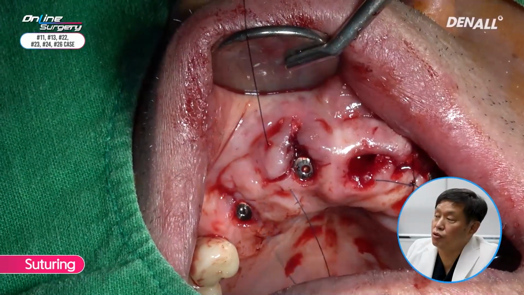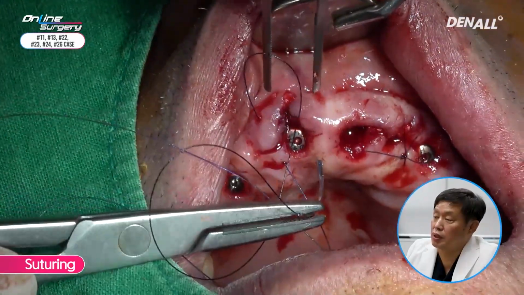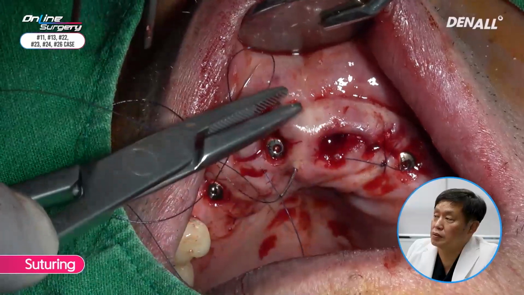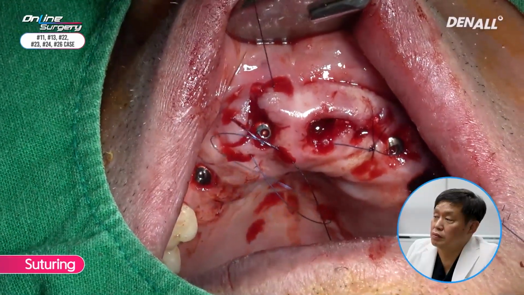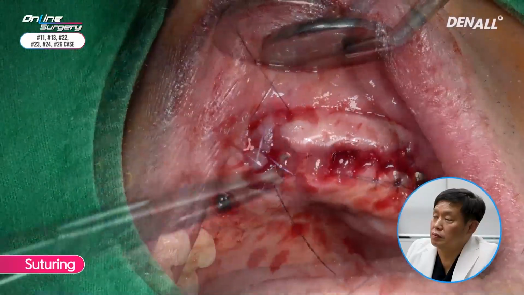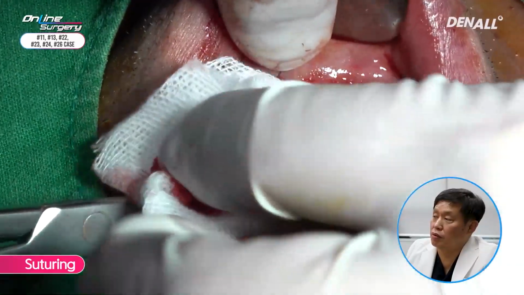For number 11, suture was done as well. Figure of 8 suture was done.